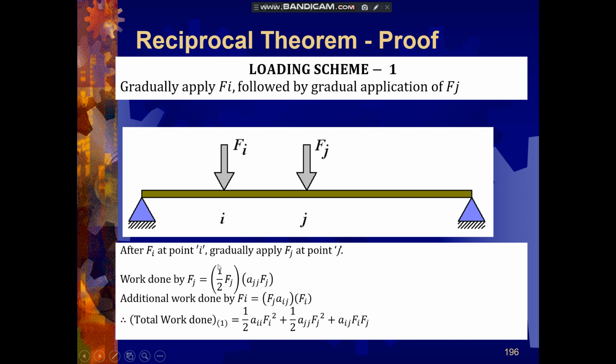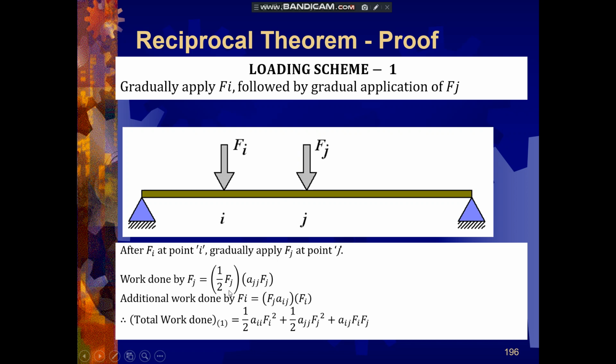This average force is multiplied by the deflection under the influence of force Fj, and here the deflection is given by Ajj, that is the direct influence coefficient corresponding to location J, multiplied by the magnitude of this force Fj. So this is the work done by Fj.